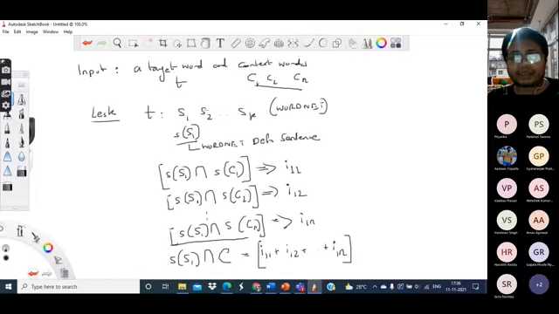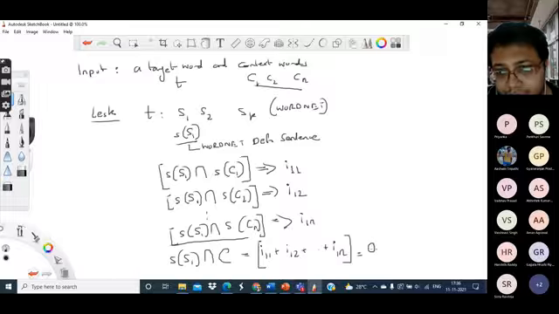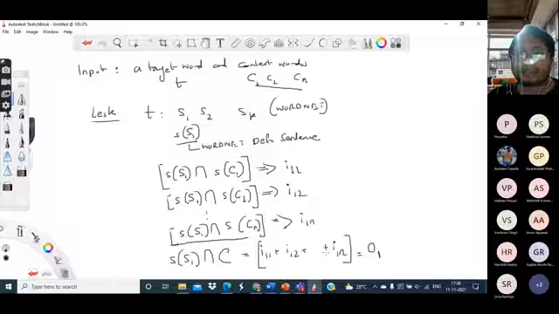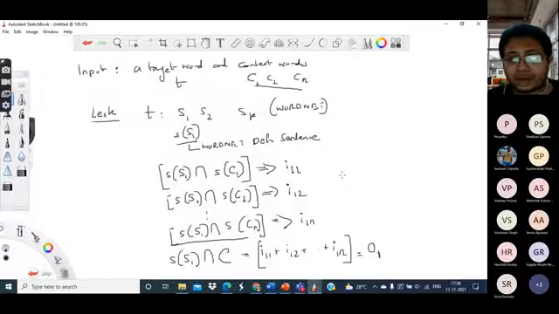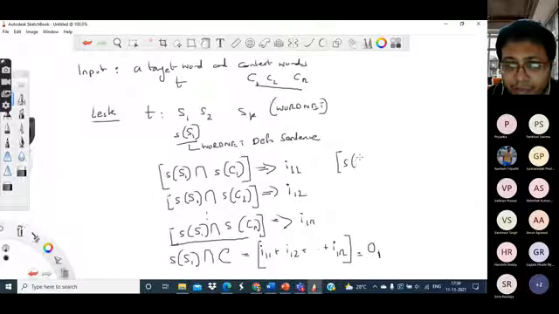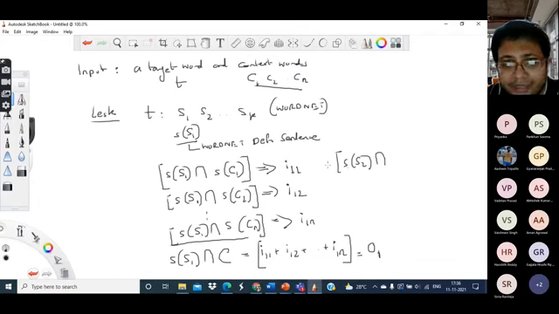Let me call this O for overlap, O1. Then you take the second sense, and I repeat the same process. This is the WordNet definition of the second sense.